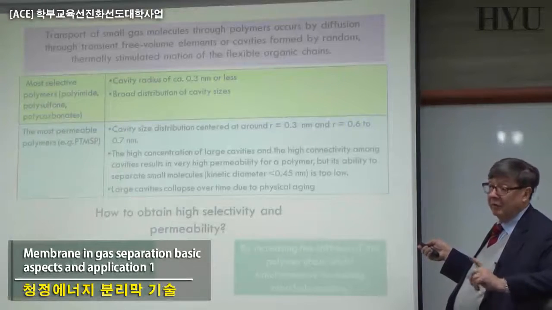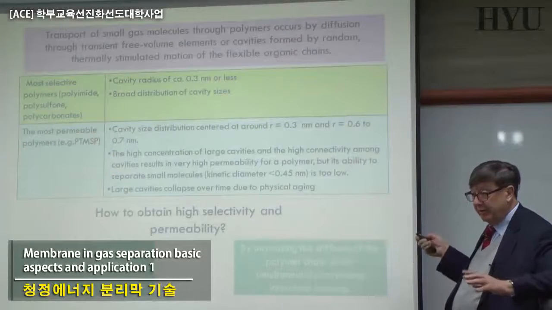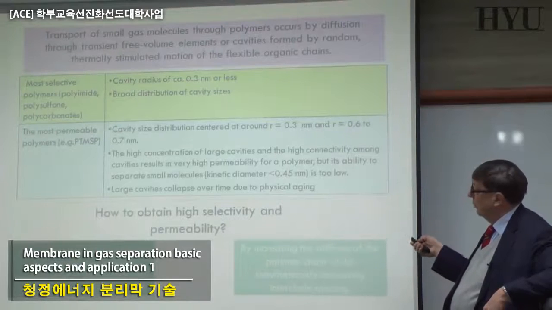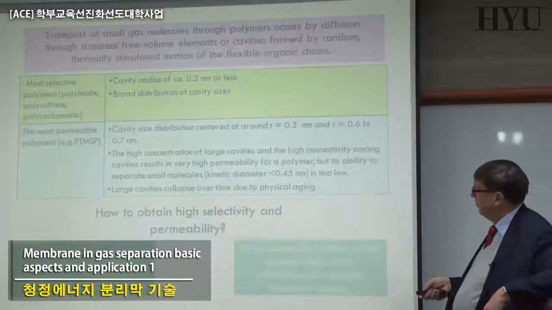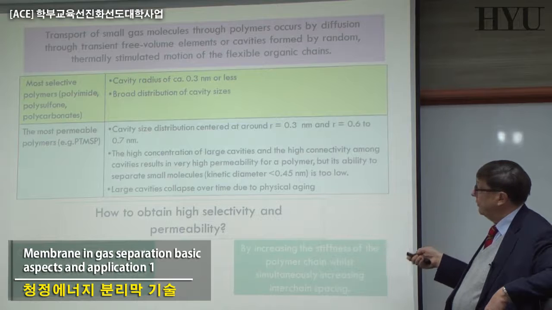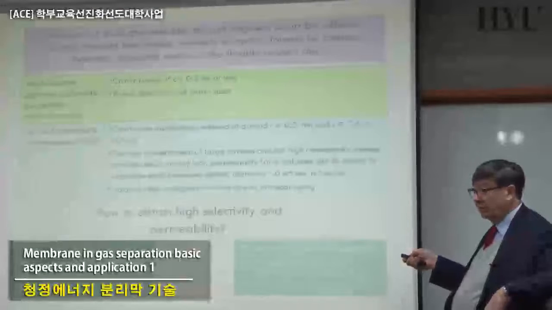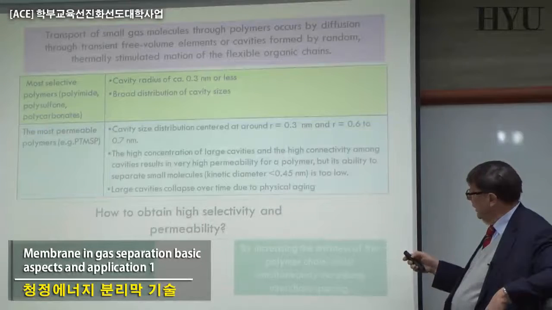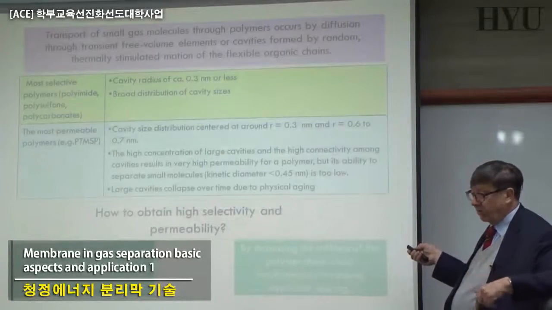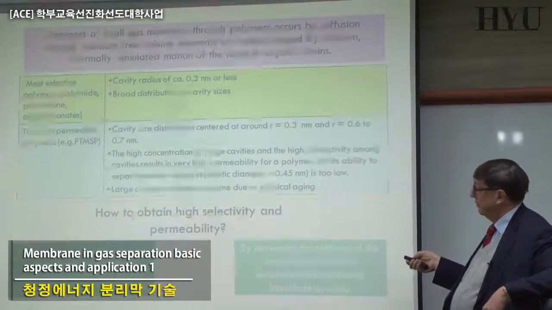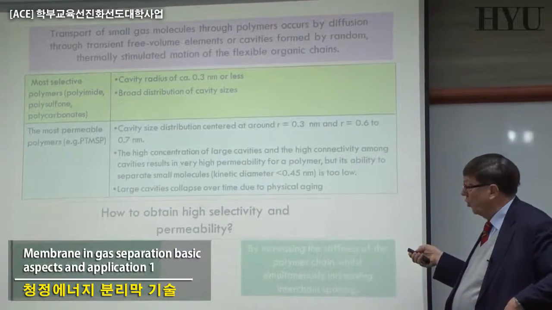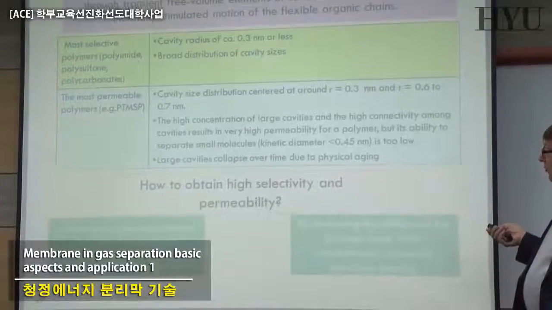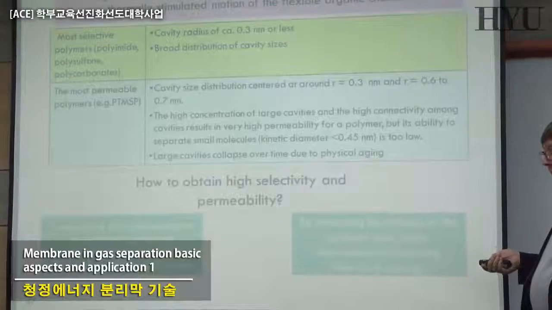That's what makes the difference with the other material, where eventually there's no interconnectivity between different cavities, and that is the origin of high permeability for the polymer. However, this is only for small molecules, and for the separation of small molecules, such as oxygen and nitrogen, with a relatively low kinetic diameter, these values are not sufficient for making a good separation.